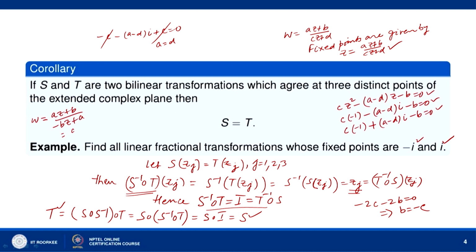So we get (az plus b) over (a minus bz), where a and b are arbitrary, but we have to remember that ad minus bc must be non-zero. So this is the set of all linear fractional transformations whose fixed points are minus i and i. a and b are any real numbers, but a and b are related to c and d by this condition, ad minus bc not equal to 0.